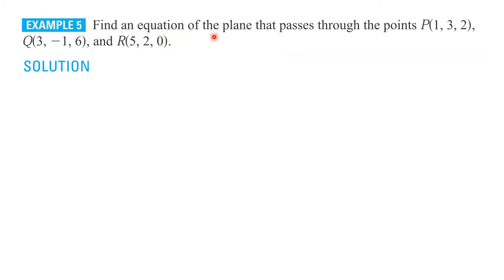Find an equation of the plane that passes through the points P, Q, and R. To find the equation of the plane, we need a normal vector and a point. So to find a normal vector, we take the vectors a and b corresponding to PQ and PR.